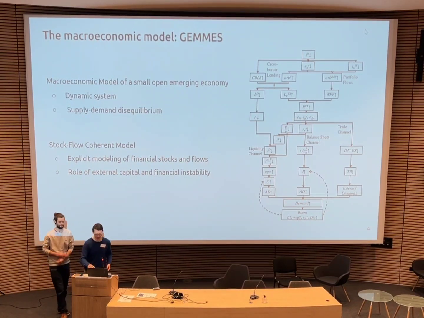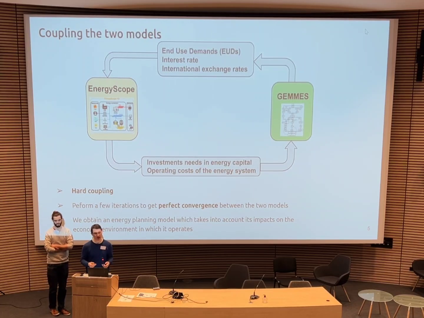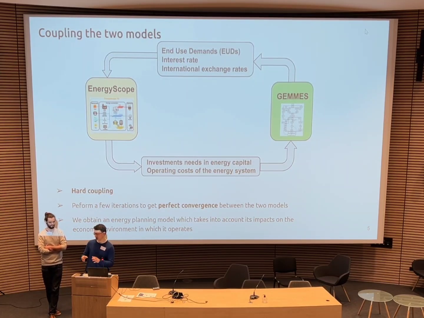The idea of the coupling is that we first run GEM. Both models describe a country. Typically, we are interested in emerging economies, so we are working with both Colombia, which is an energy exporter, and Turkey, which is a fossil fuel energy importer. We first run GEM on the country with a baseline case just to know how the economy is supposed to evolve.